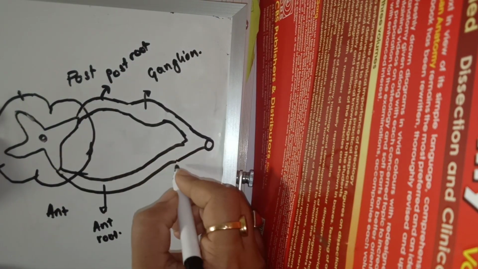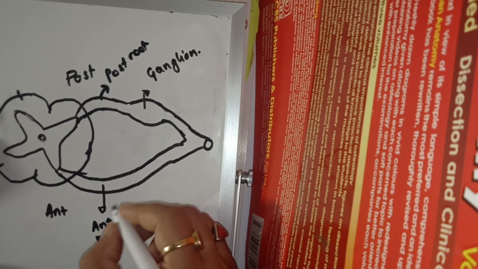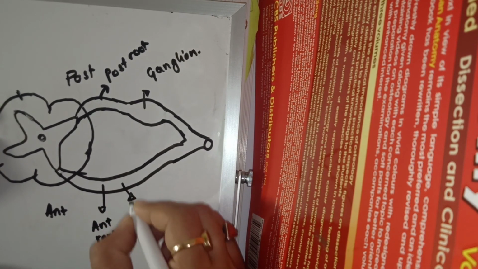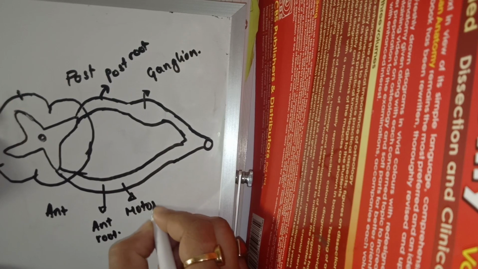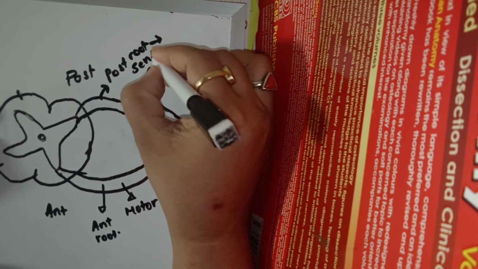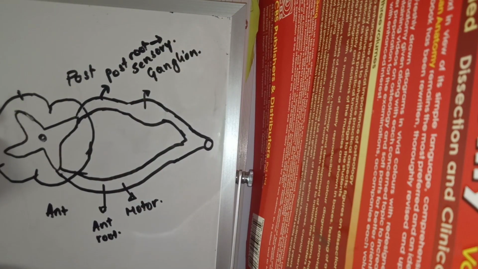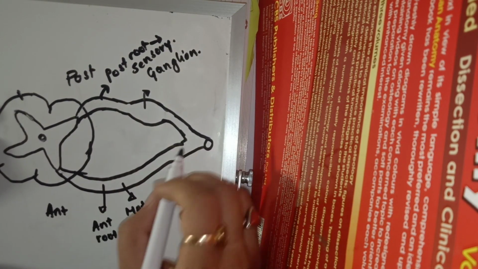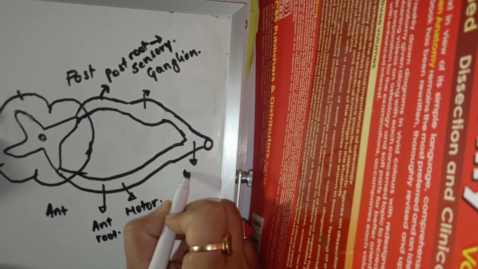The difference is that the anterior root is motor and the posterior root is sensory. And here it will be mixed. The spinal nerve will be mixed.